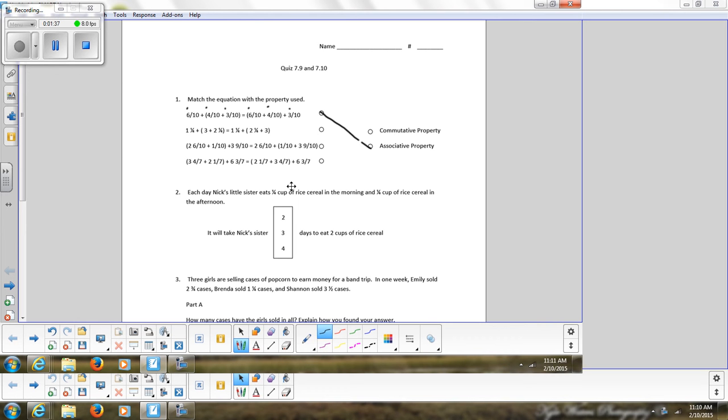How about the second one? Alexis. Commutative. If I'm looking at the numbers, 1, 3, 2, 1, 2, 3. What about the third one? Najee. Associative property. Okay. Checking the numbers. 2, 1, 3, 2, 1, 3.